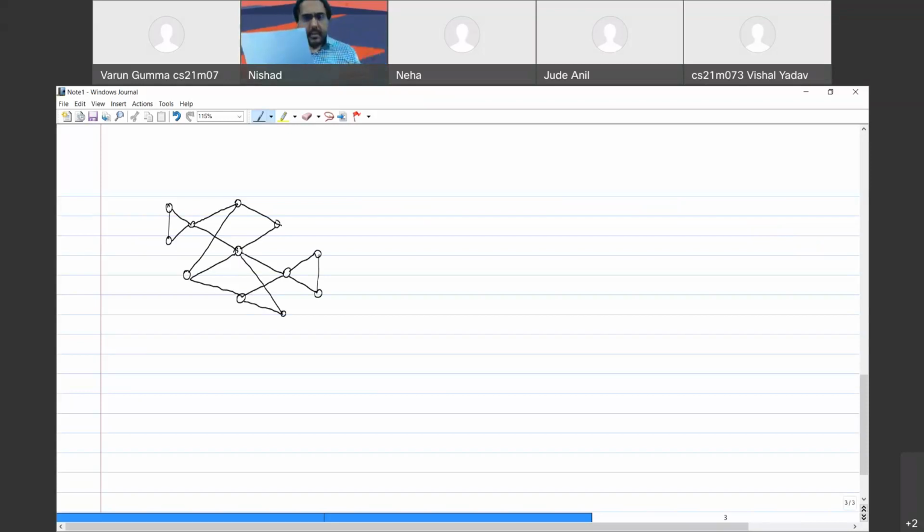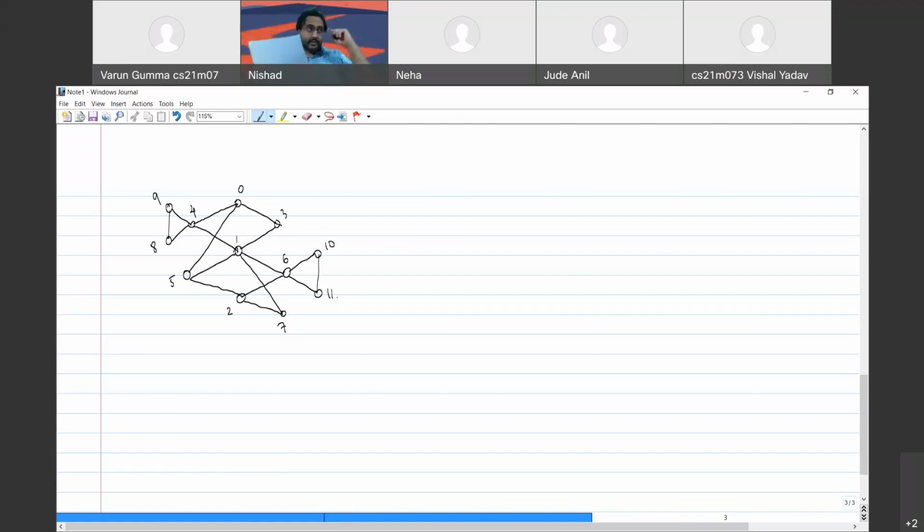Let's label the vertices 0, 1, 2, 3, 4, 5, 6, 7, 8, 9, 10, and 11.